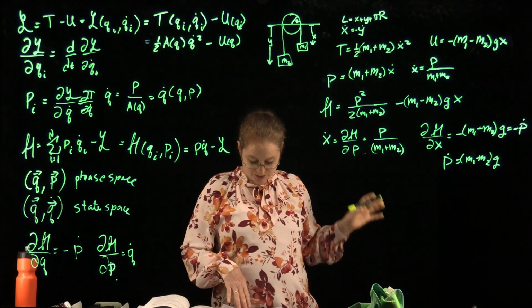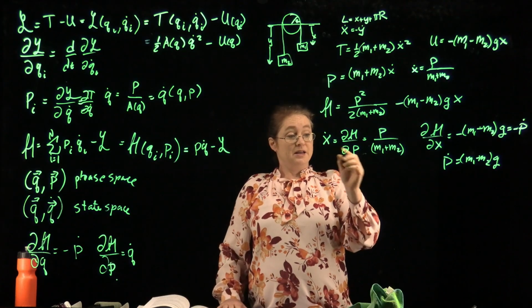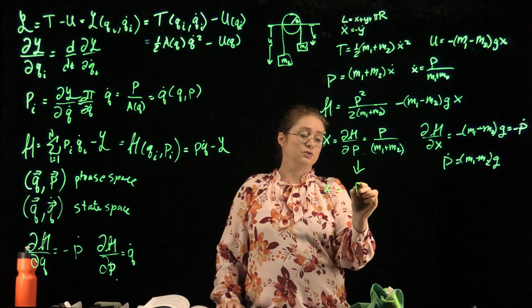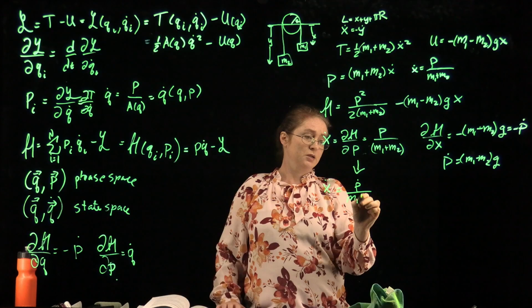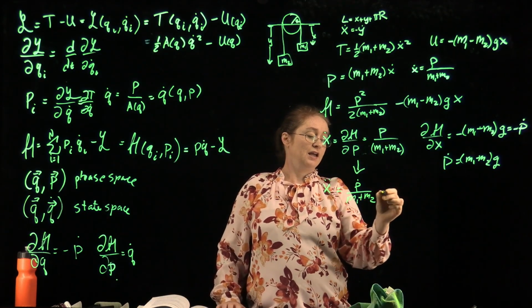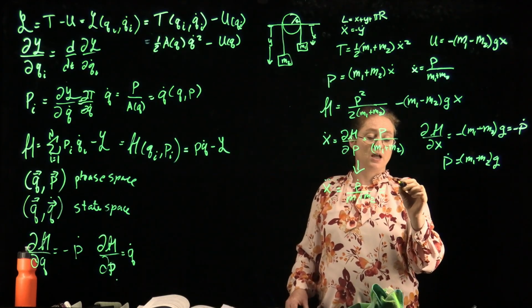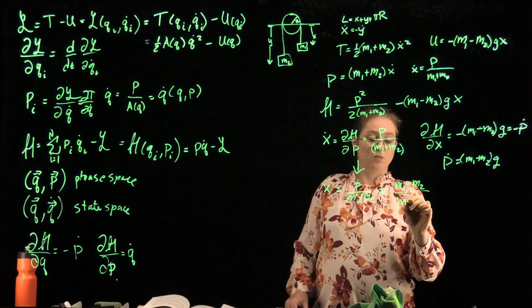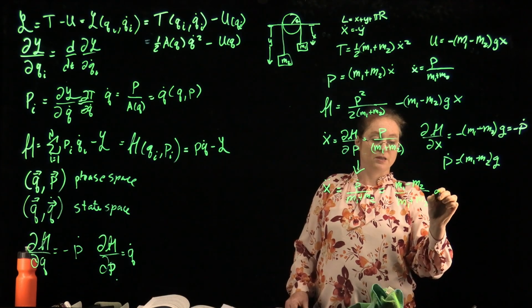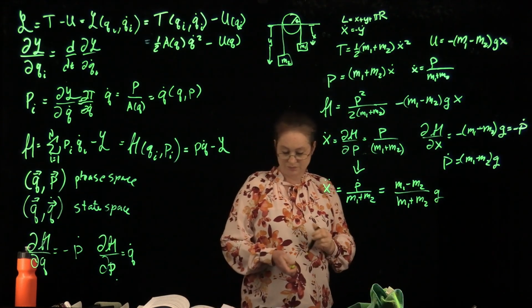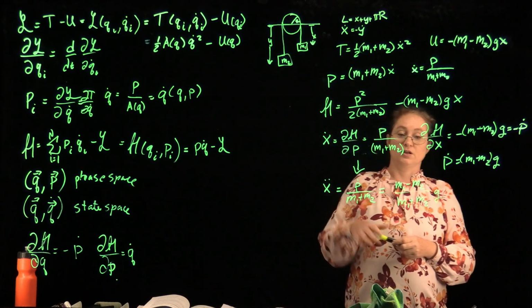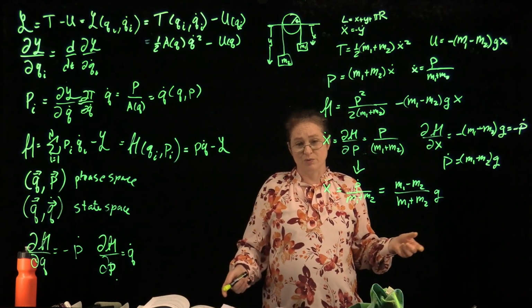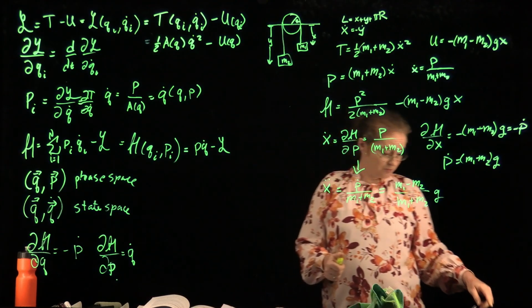I'm terrible about dropping these dots. All right, then I can take the derivative of this, and I get x double dot equals p dot over m1 plus m2, and I have p dot, so x double dot equals m1 minus m2 over m1 plus m2 times g. All right, so this is the same thing that we would have gotten using Newton's equations, except now we've done it using partial derivatives instead of free body diagrams.